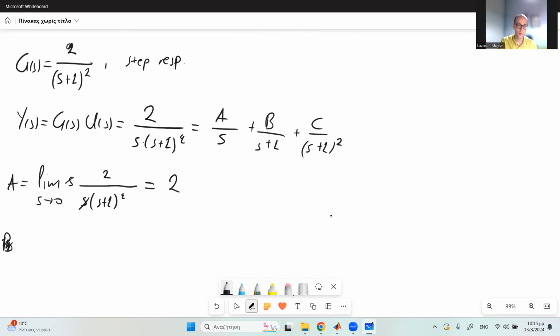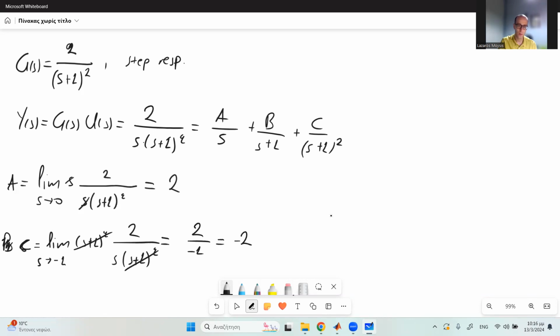No, since we have multiplicity, we are going to start from c. So c is the limit as s goes to minus 1 of (s plus 1) squared times 2 over s times (s plus 1) squared. So this gets removed.